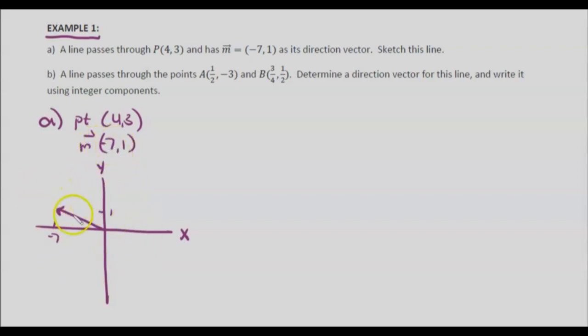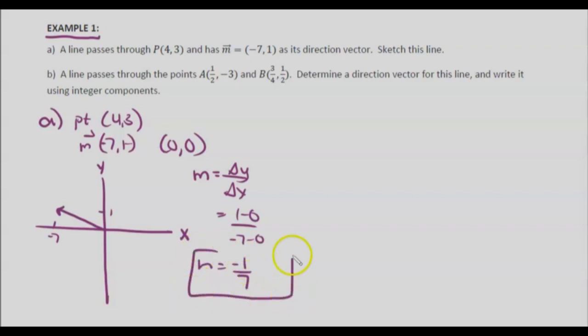Because this is essentially like finding the slope with (0, 0), I'm going to show you how this pertains to the slope. Okay, so the slope is delta y over delta x, which is 1 minus 0 over -7 minus 0. Okay, this is the slope.